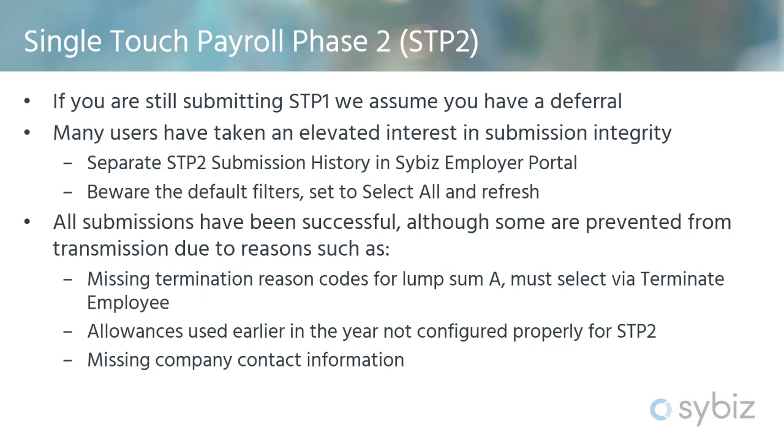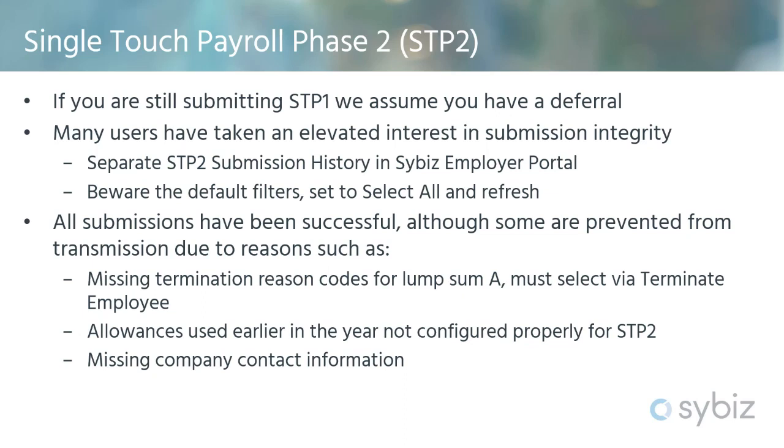The other thing that we saw, probably not so much of an issue now that people have got multiple pays under their belts, but some allowances that were used earlier in the financial year, because remember, STP data is year to date. So if an allowance was used earlier in the year and has perhaps been phased out, if that hadn't been coded properly for STP2, then we were seeing some submissions getting blocked from exiting Visipay.